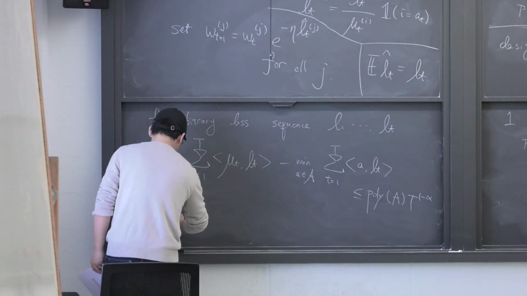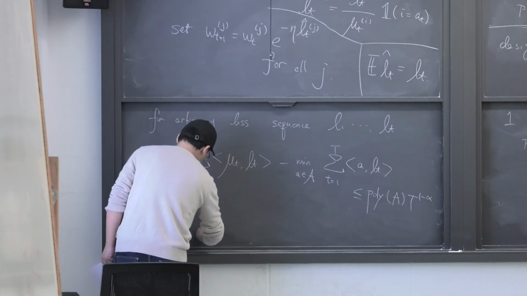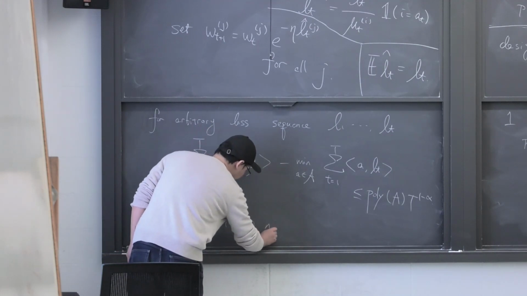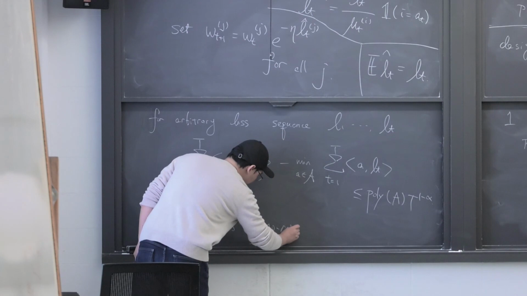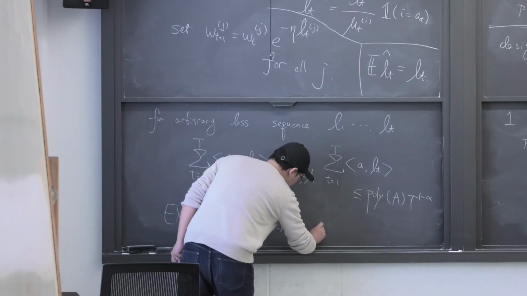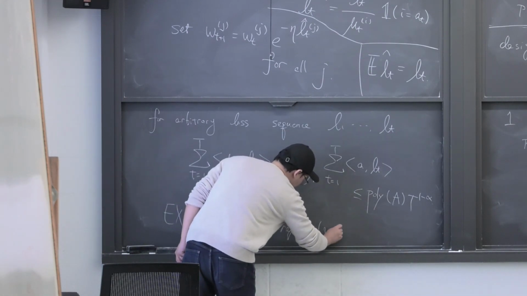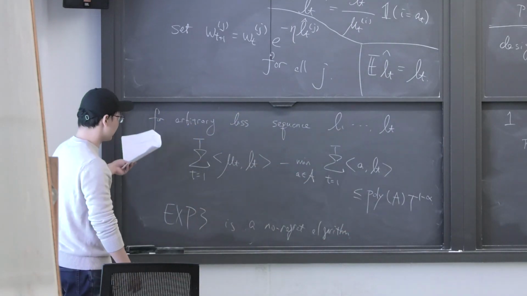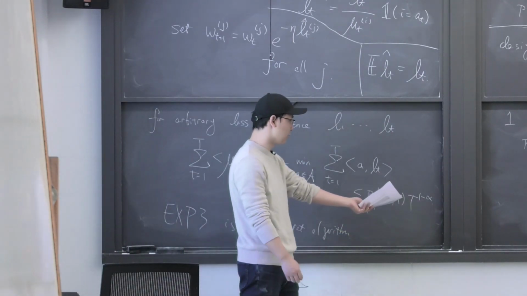So basically, we say EXP3 is a no regret algorithm, because you can essentially prove EXP3 satisfies such a guarantee with alpha equal to 1/2.